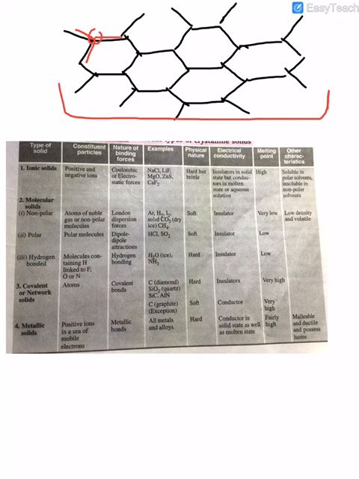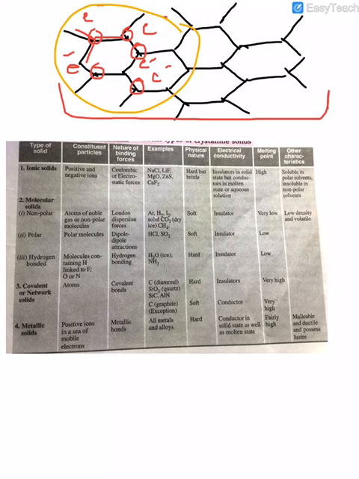So 1 electron of each carbon is free, and it's the main cause of electricity. So graphite is a good conductor of electricity due to these free electrons. It's one of the exceptions, because all other covalent solids are insulators, except graphite, which is a good conductor of electricity, right?